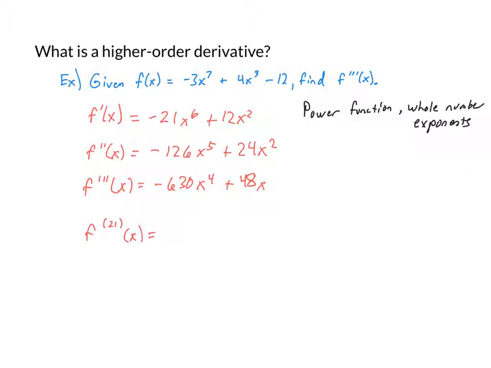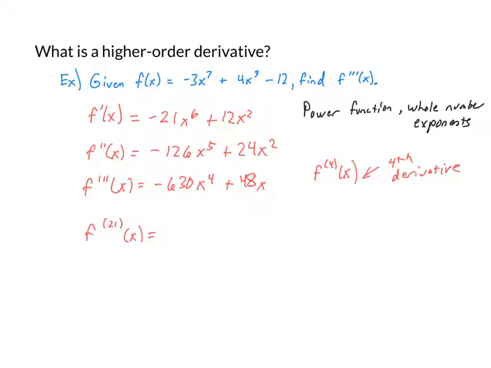So if I wanted to find the fourth derivative, I would write just f and then the 4 in parentheses, and that would indicate that I was looking for the fourth derivative of the function.